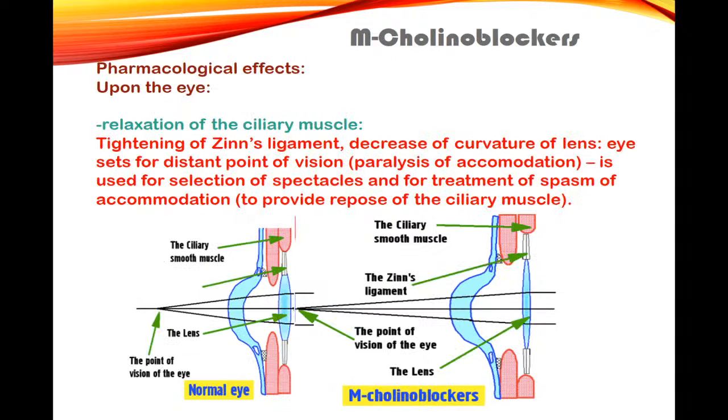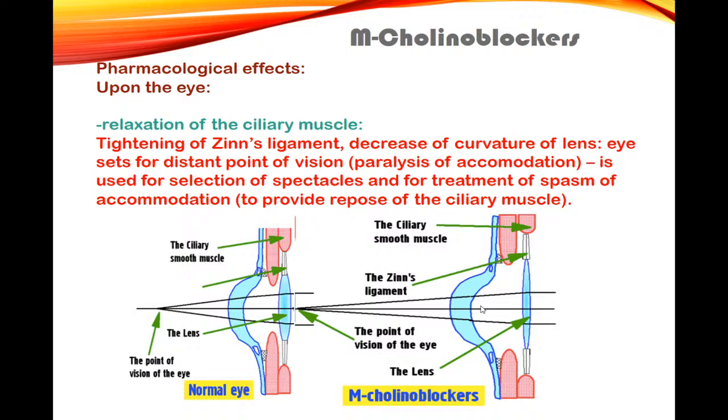Let's continue. M-cholineceptors are localized not only in circular muscle but also in ciliary muscle. And blockade of these M-cholineceptors causes tightening of Zinn's ligament, decrease of curvature of the lens.